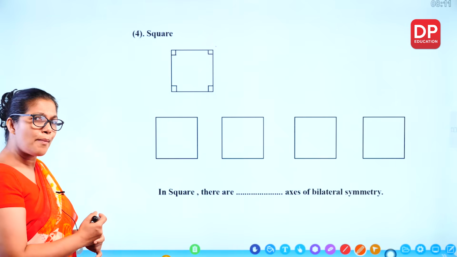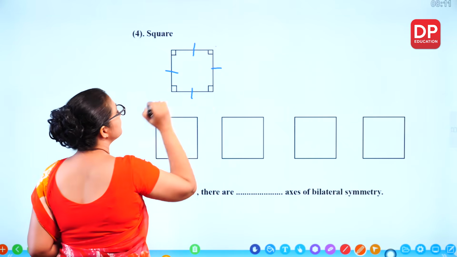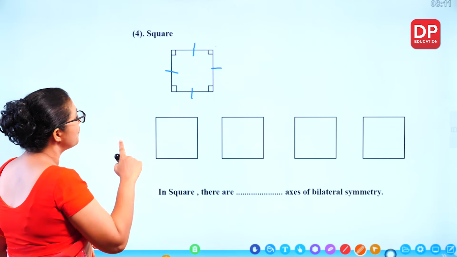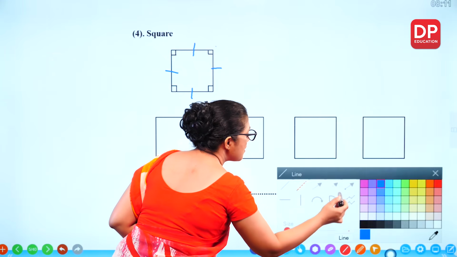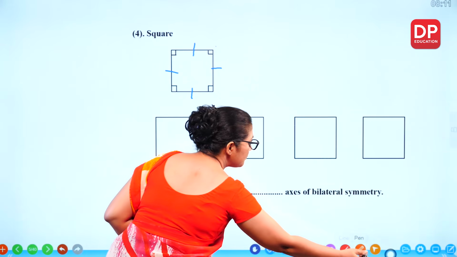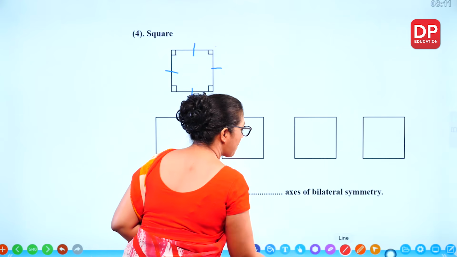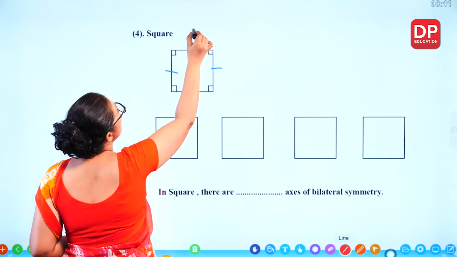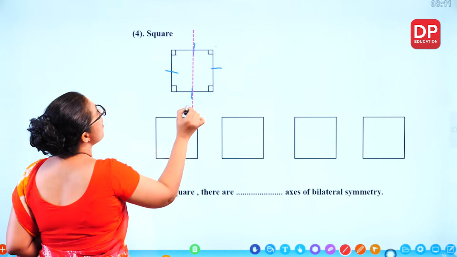Square. Square means all sides are equal. So we'll try to draw the lines of symmetry. When you take this figure, I can draw a line along this way. So that's one.